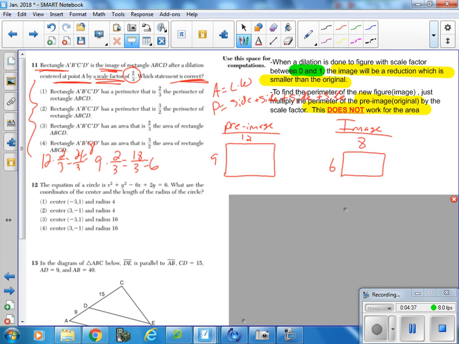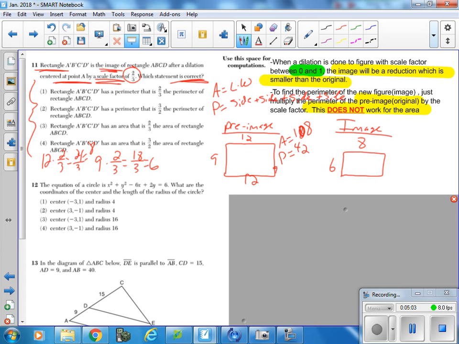So the area of my original, my pre-image, would equal 9 times 12, which is 108. My perimeter would equal 9 plus 12 plus 12 plus 9, so that's 24 plus 18, which is 42.